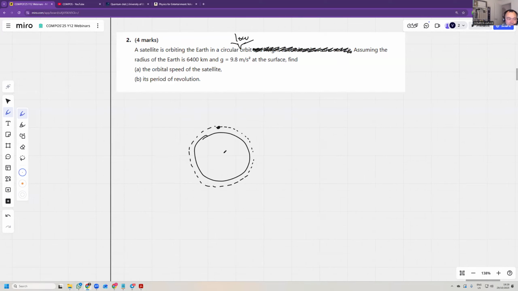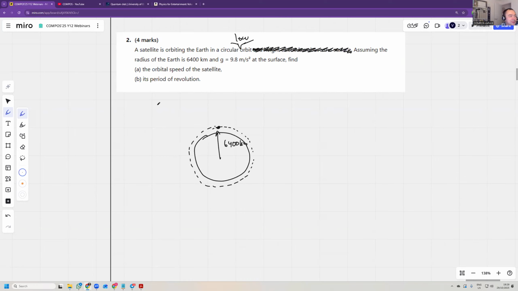But for simplicity, we can just assume that it's equal to the Earth's radius. So we just use 6,400 kilometers. Otherwise, we get into trouble with changing g, because g changes as you go further away from the Earth, and I don't want to go there. Not today.